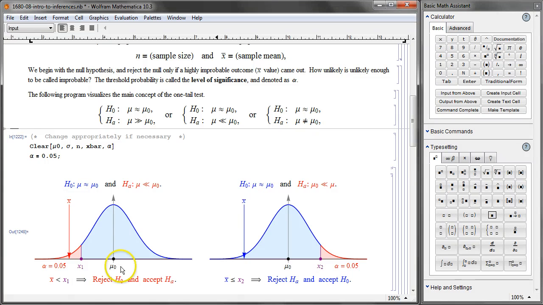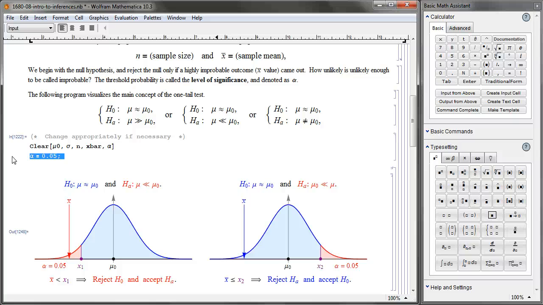Consequently, in this case, we're going to reject H0, the null hypothesis, and accept the alternative hypothesis in the end. But then again, here's a problem. How close is close enough and how far is too far? And that threshold is this x1 value over here, and that's given by the level of significance 0.05.